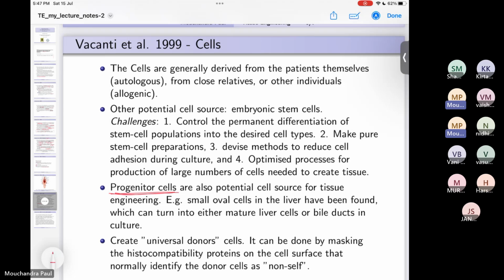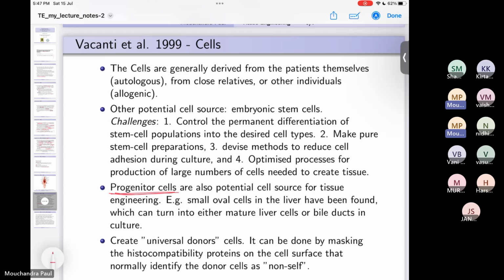So people have recognized small oval cells that are the progenitor cells of the liver, which can turn into either mature liver cells when required or into bile ducts in culture. In vivo, these stem cells usually stay dormant, and they get activated only when needed. You will understand why when we discuss stem cells.